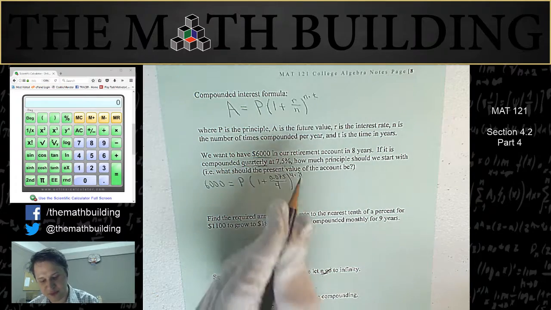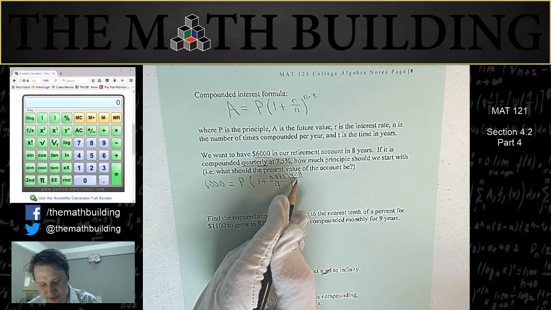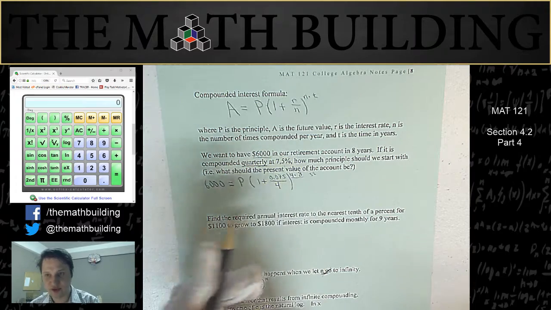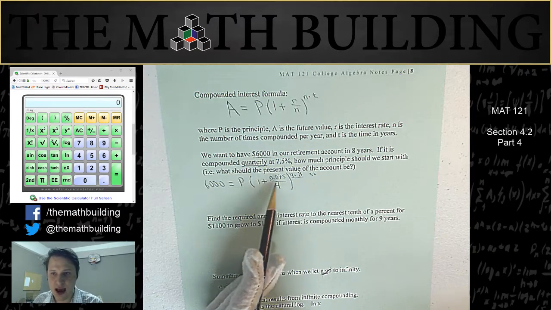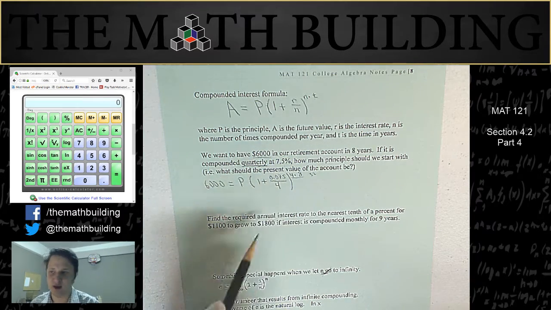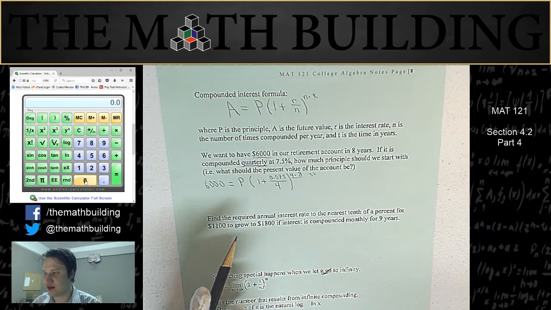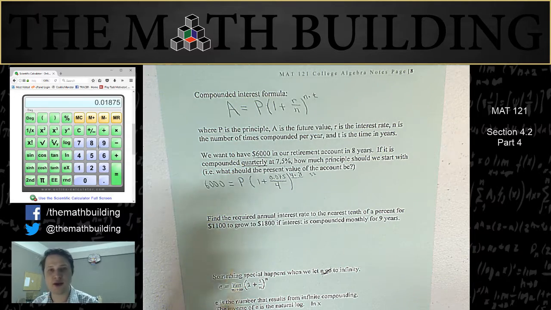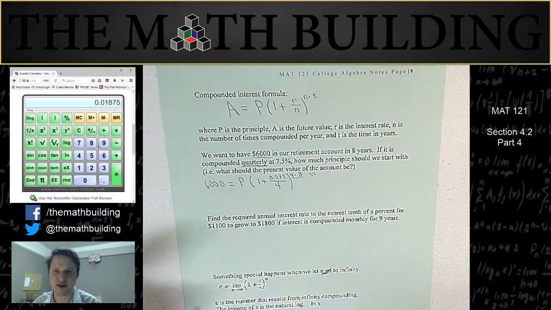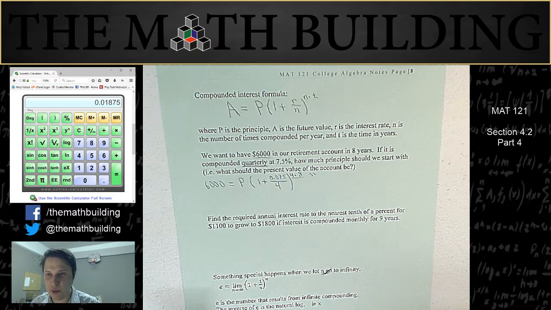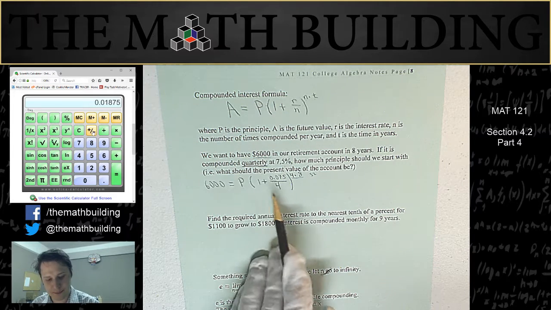So let's see if we can simplify this. First, I notice that we have 4 times 8. That's the same as 32. So let's put that in the back of our head. I will always start on the inside and work out. So 0.075 divided by 4 equals, again, notice I never try to put too much in the calculator all at once. Now we are going to add the 1.